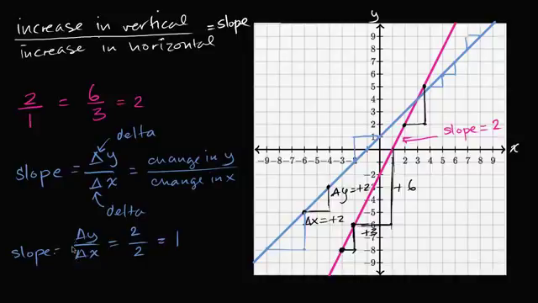And that makes sense from the math as well. Because if your change in x is negative 2, then your change in y is going to be negative 2 as well. And negative 2 divided by negative 2 is positive 1, which is your slope again.